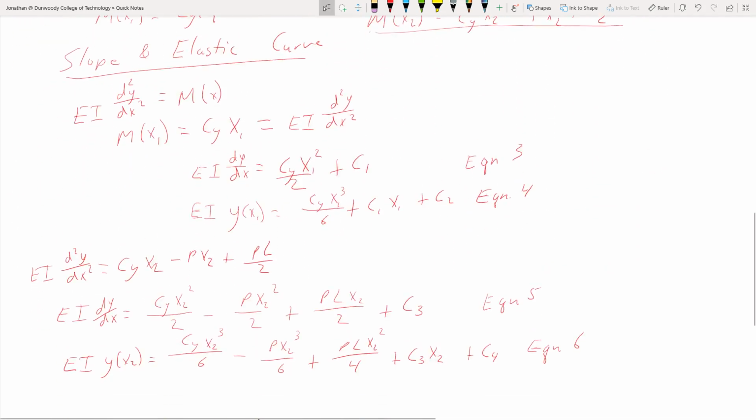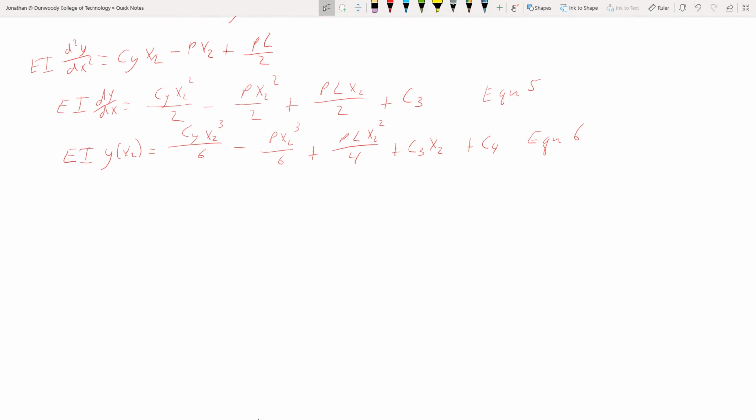So we're going to fill those in. Where are we going to fill those guys in? So we have y equals 0 at x1 equals 0, y equals 0 at x2 equals L, and dy/dx equals 0 at x2 equals L.